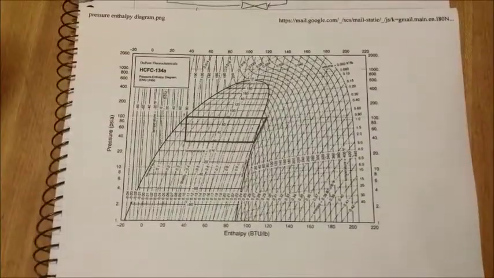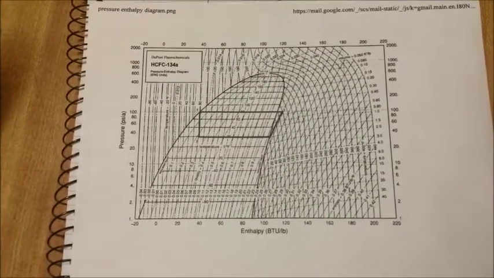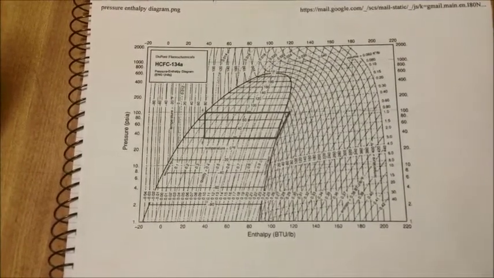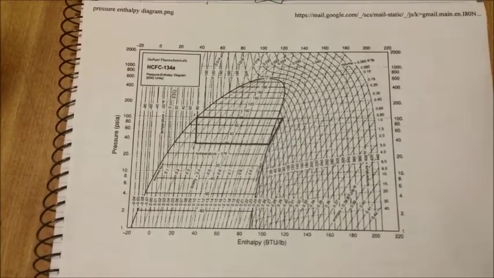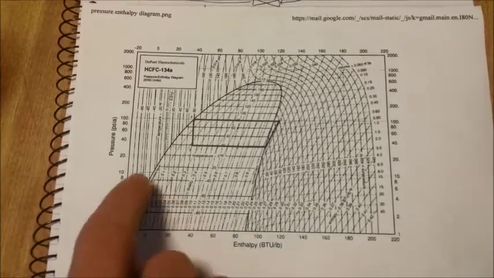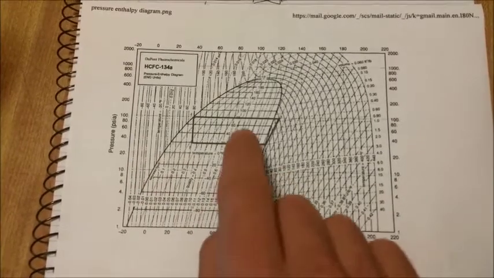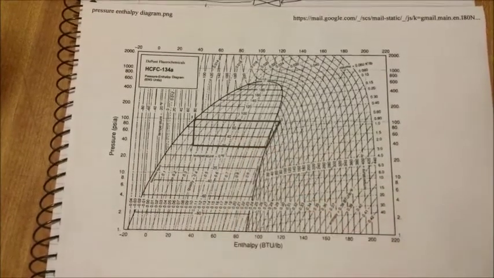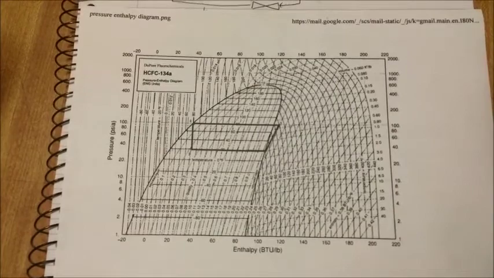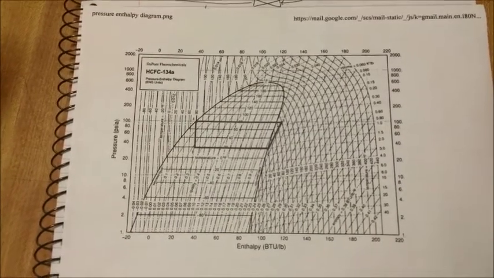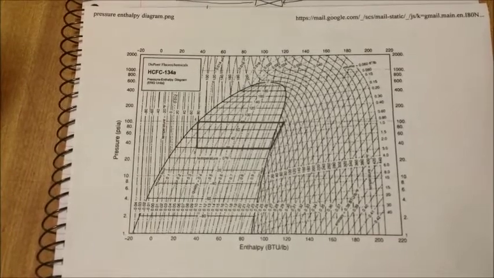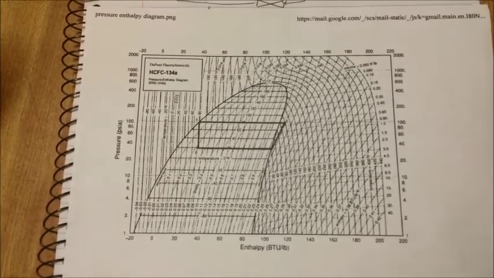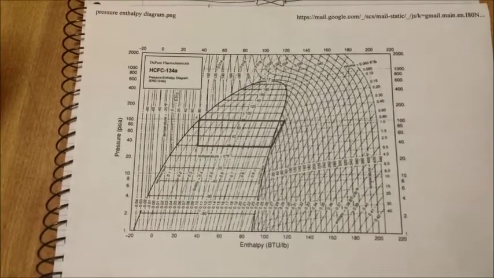There is a saturated vapor exiting the evaporator. Using the pressure enthalpy diagram for tetrafluoroethane, we can see that the saturation pressure at 20 degrees Fahrenheit is about 37 psi. Because we also know that a saturated liquid is exiting the condenser, we can also see that this saturation pressure is about 100 psi.